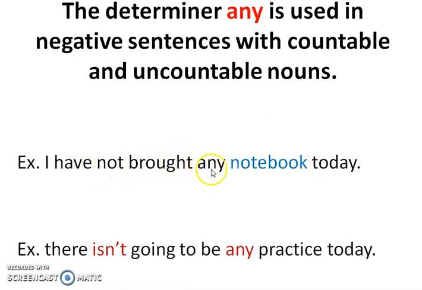I haven't brought any notebook today. Notebook is a countable noun, okay? Example 2. There isn't going to be any practice today. Any practice. Practice is an abstract noun, so we deal with it as an uncountable noun.